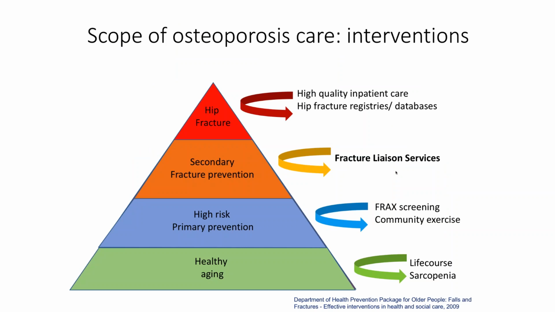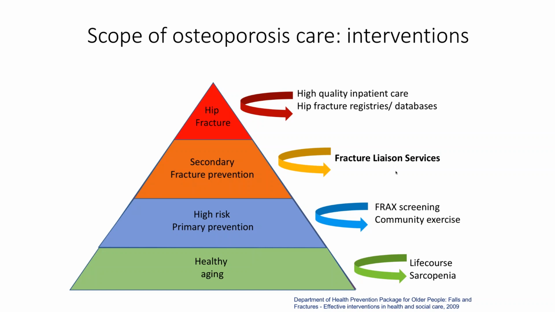So, some introductory slides. Fracture liaison service and secondary fracture prevention falls within the care pathway for fragility and falls prevention. At the top, we have hip fractures, and we know that better hip fracture care through orthogeriatrics, time to surgery, and rehabilitation improves outcomes, reduces mortality, and also is cheaper for the healthcare system.